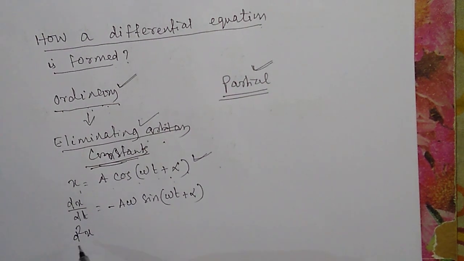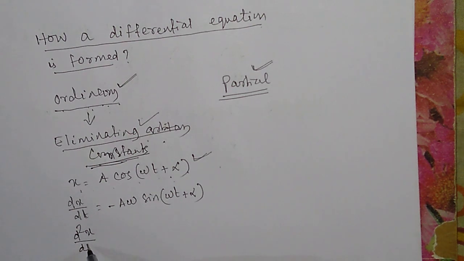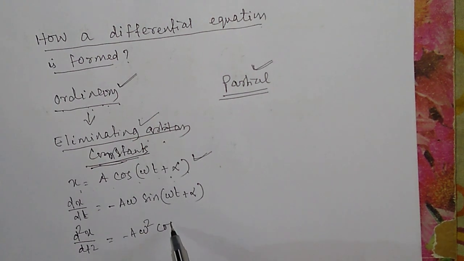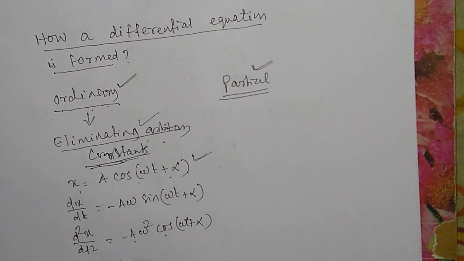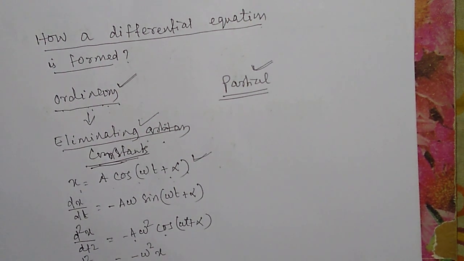The second derivative of x with respect to t will be equal to minus a omega square cos(omega t plus alpha). And what is a cos(omega t plus alpha)? That is equal to x. So minus omega square into x.